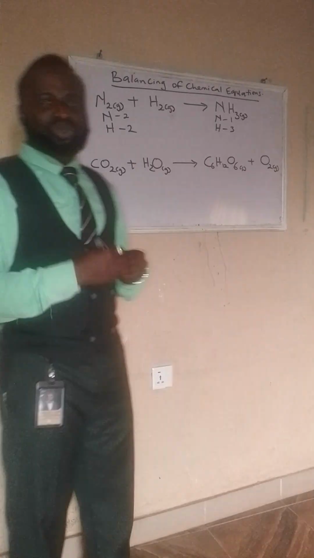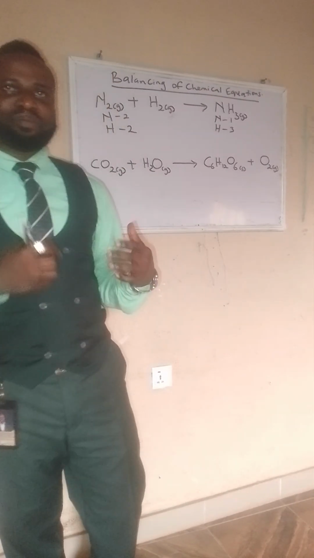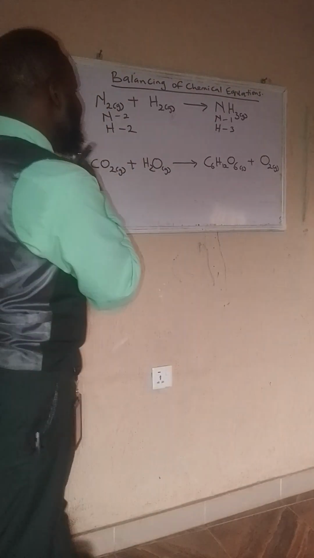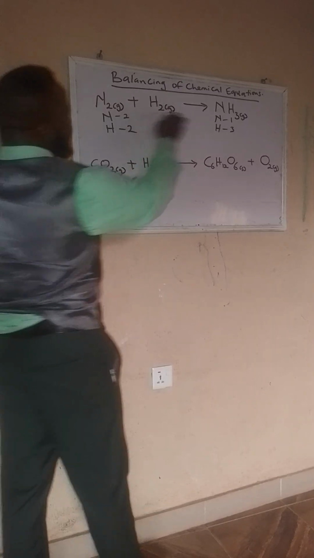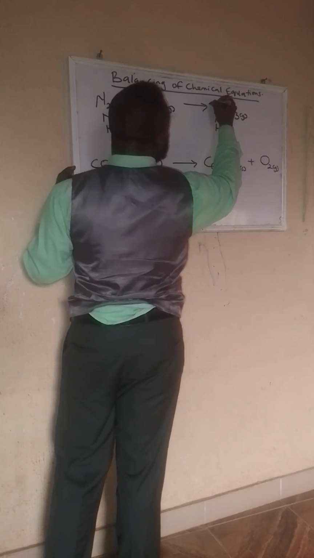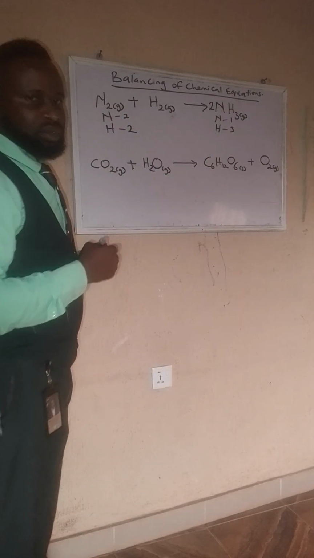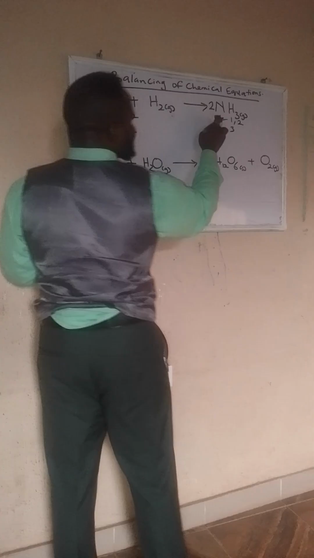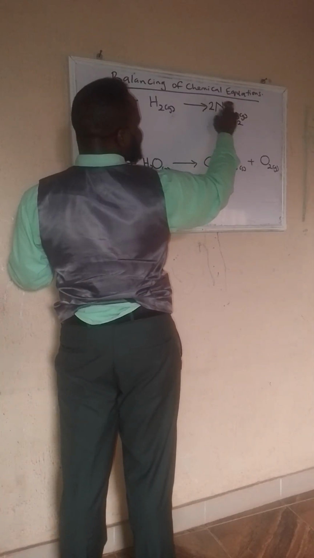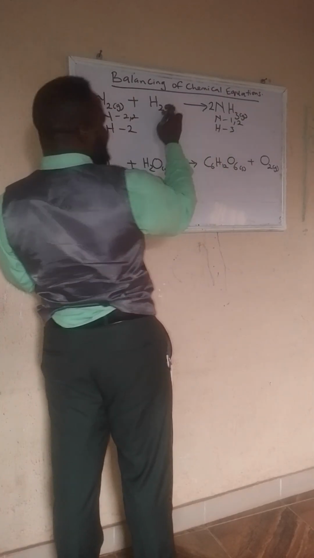Now you use coefficients that will best balance this together. Since nitrogen is 2 and is 1 here, all I need to do is to put 2 here. So it has balanced nitrogen as 2. But in the process, it has increased hydrogen to 6, 2 times 3 is 6, and hydrogen is 2 here.